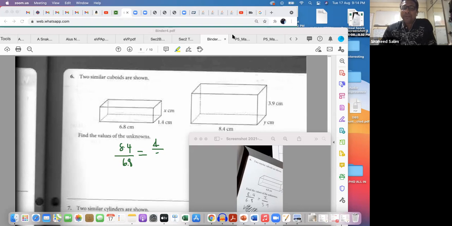This side is smaller. If you want to take smaller over bigger, you must take smaller over bigger. That means you should do like that. X over 3.9 is equal to smaller 6.8 over 8.4. You will get it. You know your mistake, Emma? Because this one puts it in chaos.